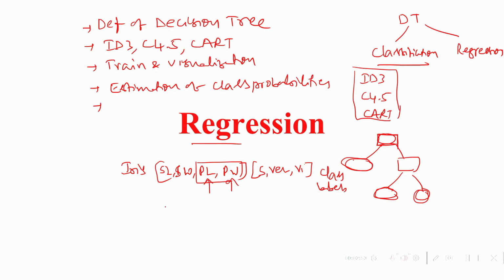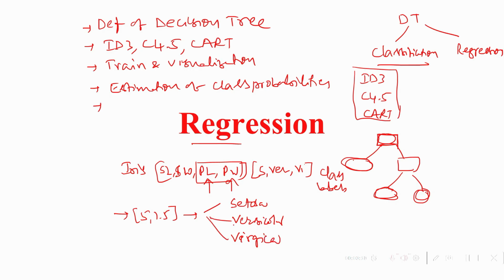Now suppose we give new information to our decision tree model, for example 5 and 1.5. Based on this, we have to find the corresponding class label, whether it is setosa, versicolor, or virginica.